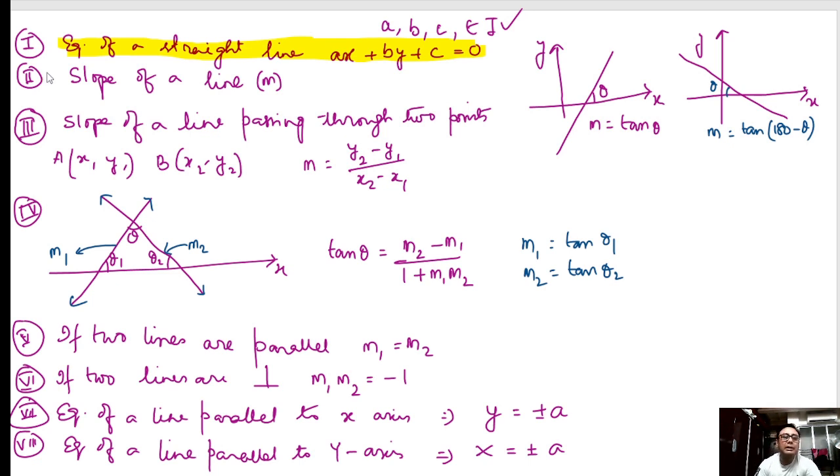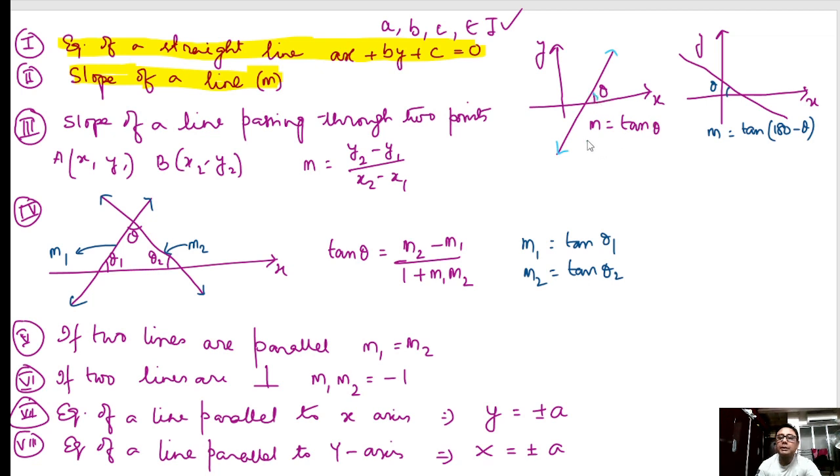Second, we will be dealing with how to find the slope, which is called m. How to find the slope of a line if you are given the inclination of the line. This is the line facing the positive x-axis, making angle theta.